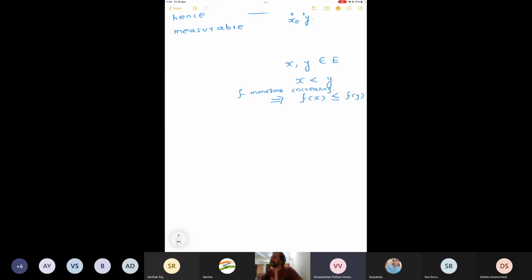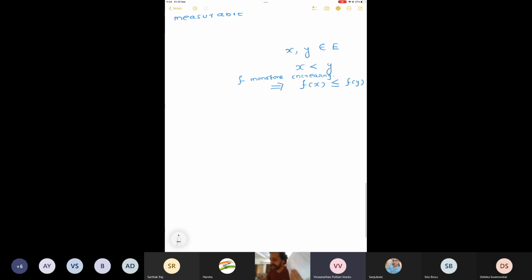At least measurability of E, the domain, is needed. Otherwise, you cannot talk about measurable functions, right? Yes or no? Yes, sir. So implicitly, it is at least assumed that the domain of the monotonic function that you are taking is measurable.